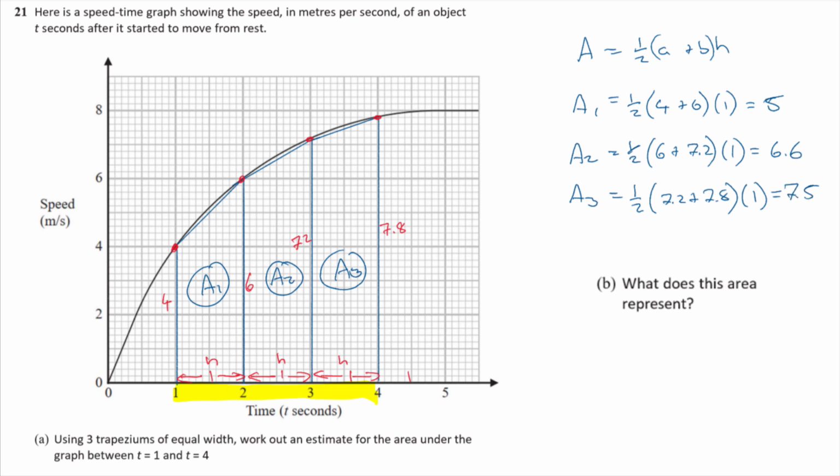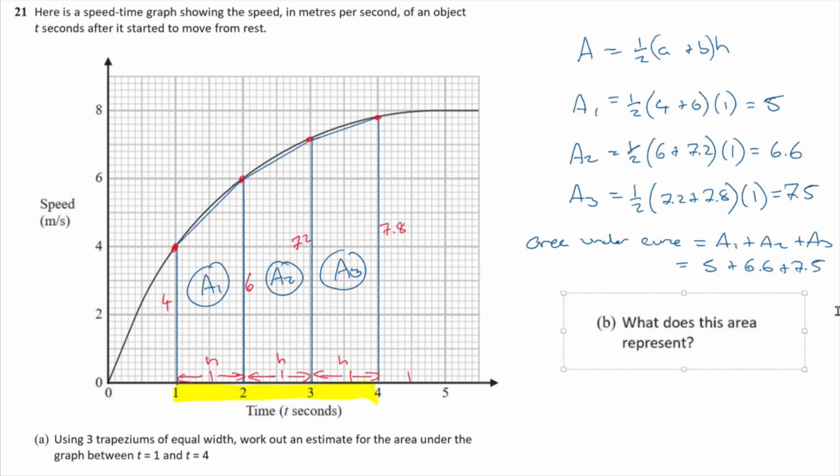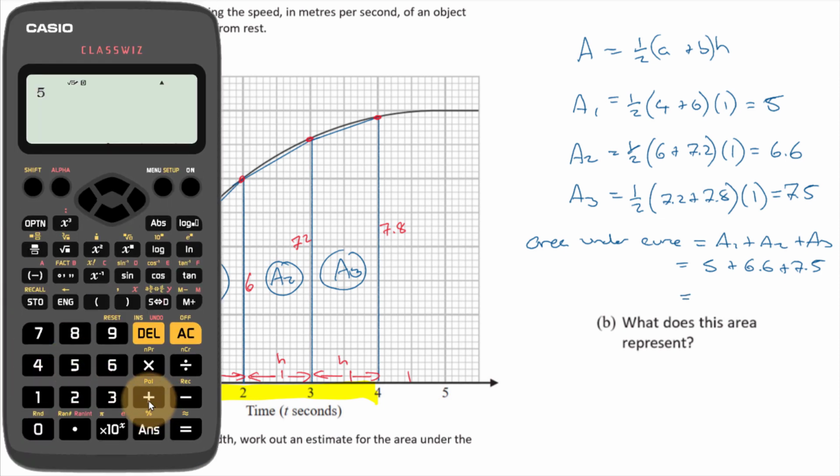Okay, so the area under the curve is going to be equal to A1 plus A2 plus A3, which is 5 plus 6.6 plus 7.5. Feeling lazy, type it into the calculator. That comes to 19.1.